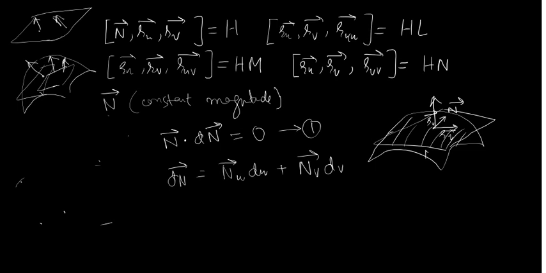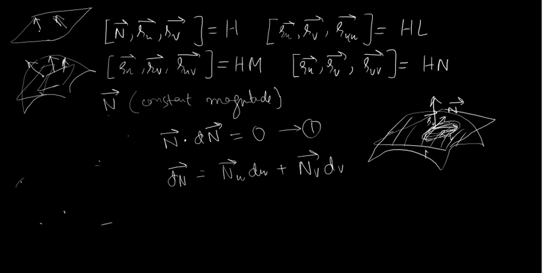But everything that is perpendicular to n lies inside the tangent plane. Because n is perpendicular to this plane, all the possible vectors that could be perpendicular to n must lie inside the tangent plane.